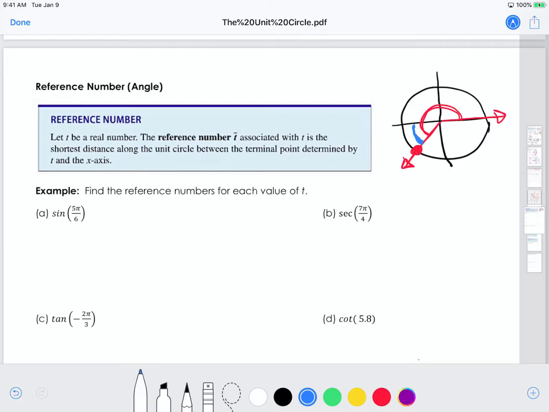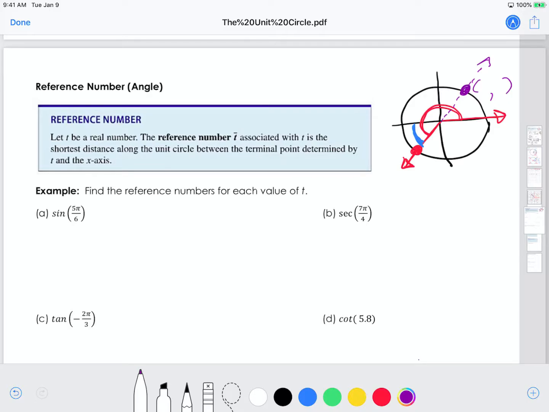If I figure out what this angle is, that gives me the corresponding ordered pair in the first quadrant. So all I need to know is that first quadrant ordered pair, and then I switch the signs depending on what quadrant I'm in. So by understanding reference angles, I can use the first quadrant to find any point on the unit circle.